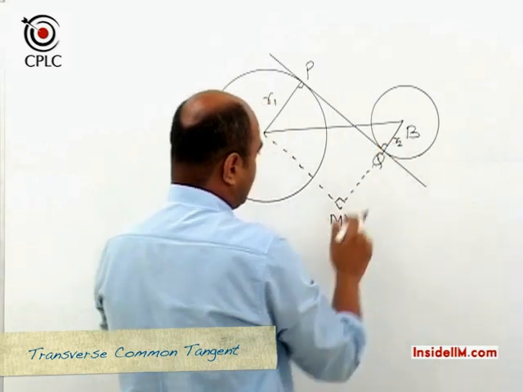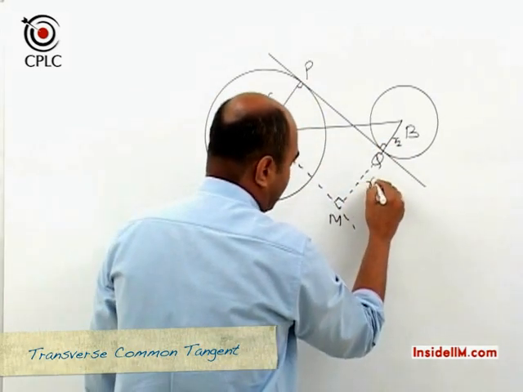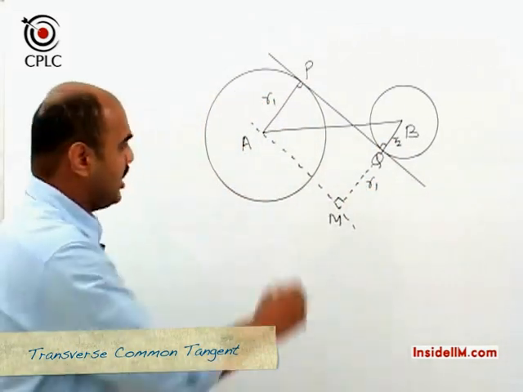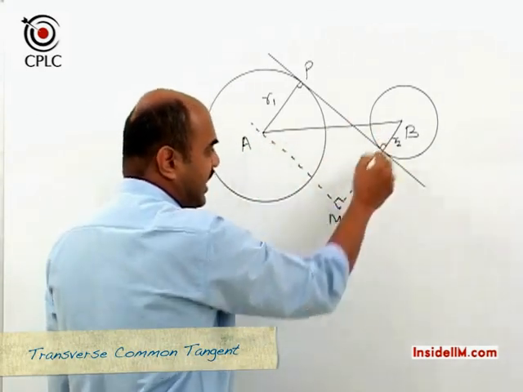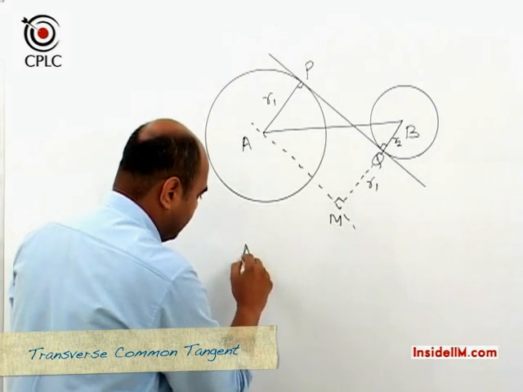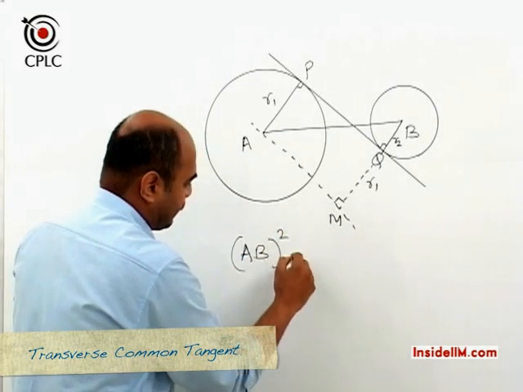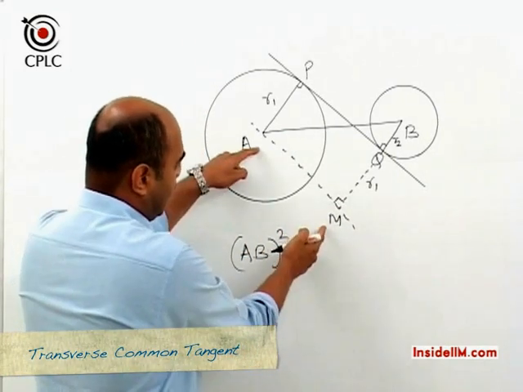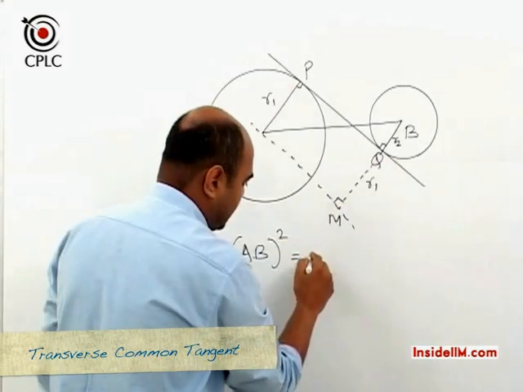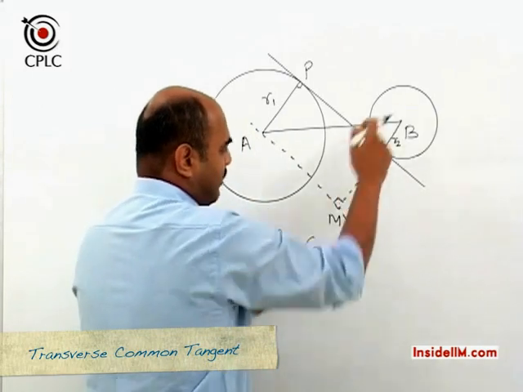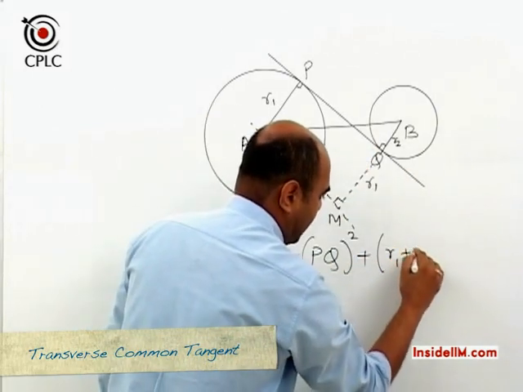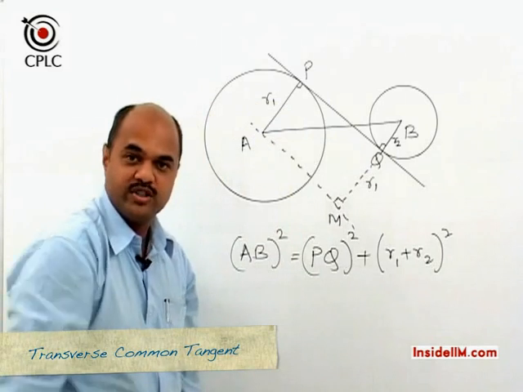This length MQ would be the same as R1, and hence if we use Pythagoras in right angle triangle ABM, we get AB square is equal to AM square, which is nothing but PQ square, plus BM square, which is nothing but R1 plus R2 the whole square.